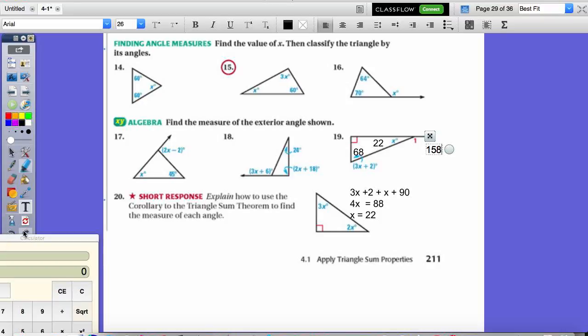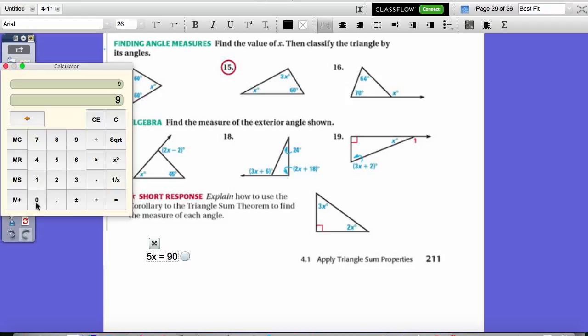And explain how to use the corollary to the triangle sum theorem to find the measure of each angle. We kind of just did that here. The corollary said that since this is a right triangle, the two acute angles, so 3x plus 2x, which is 5x, are going to add up to 90.